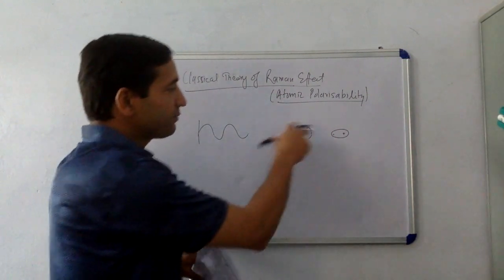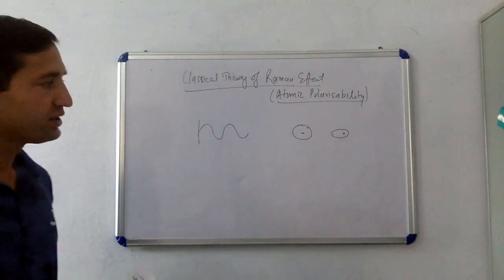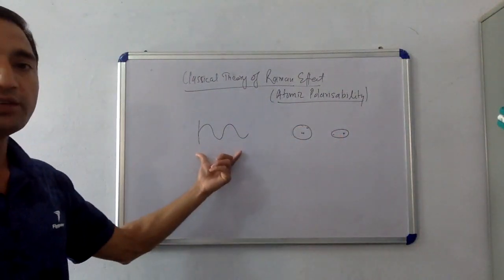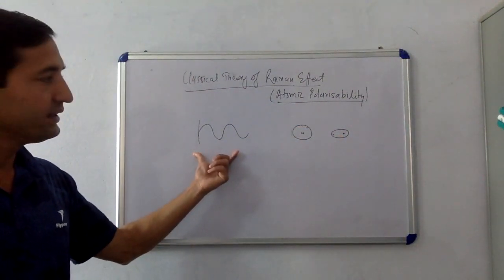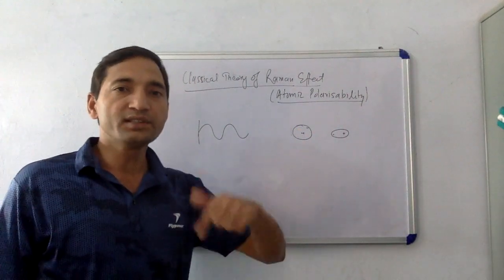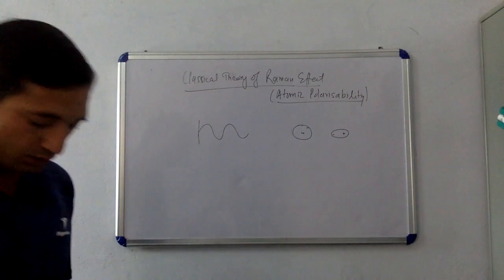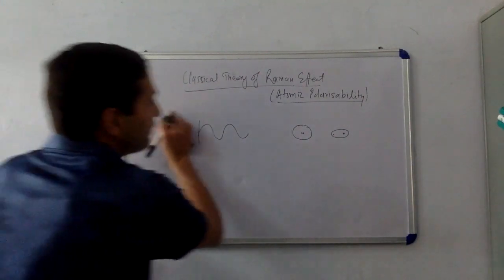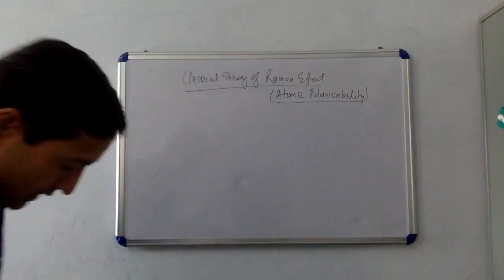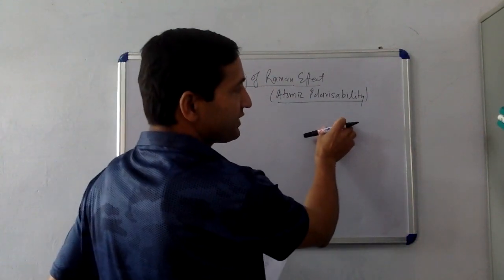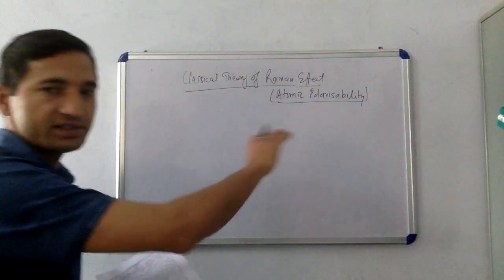Once the dipole moment is induced, it oscillates with the frequency of the incident light. If the dipole is oscillating, then it radiates energy. Once the dipole moment is induced, the material is polarized.